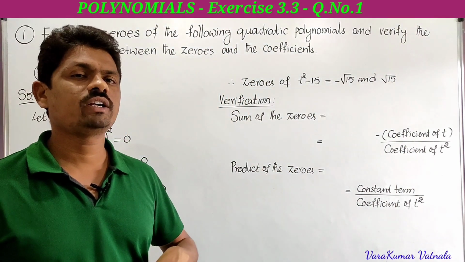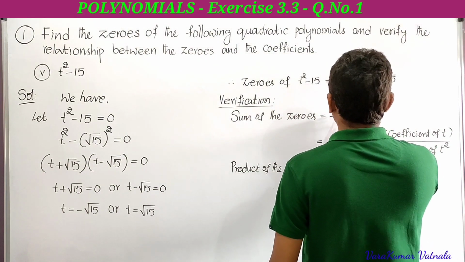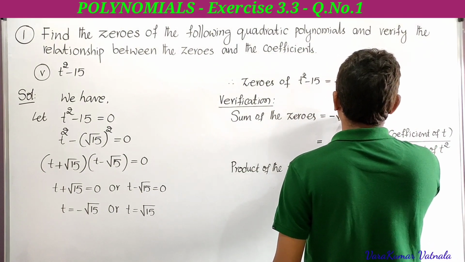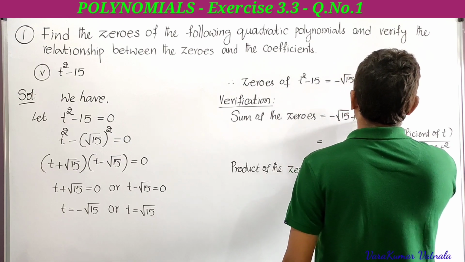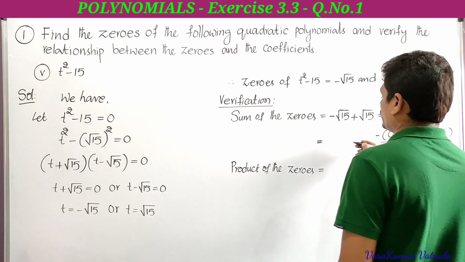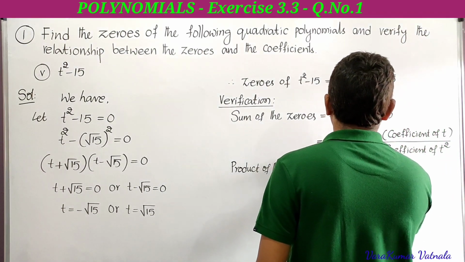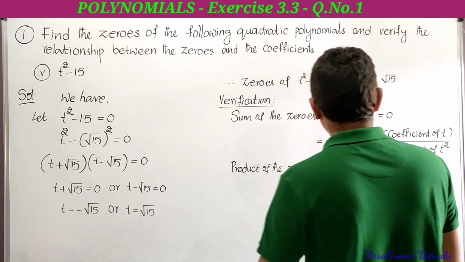For that, first we have to find the sum of the zeros. Sum of the zeros is equal to minus root 15 plus root 15. So it becomes 0. So here 0 I am writing as 0 divided by 1.